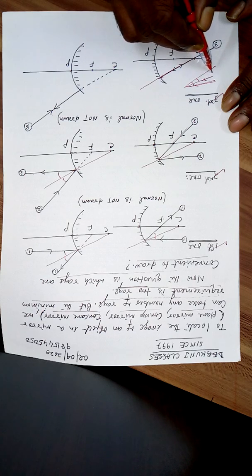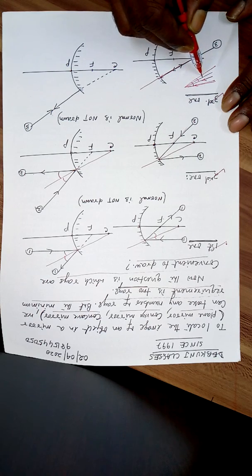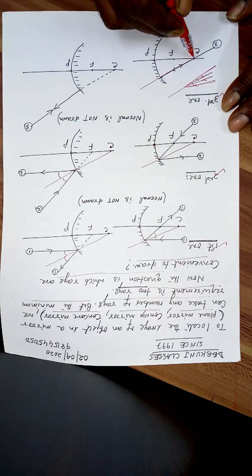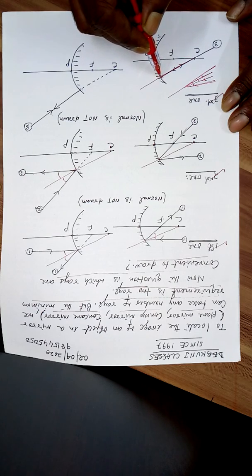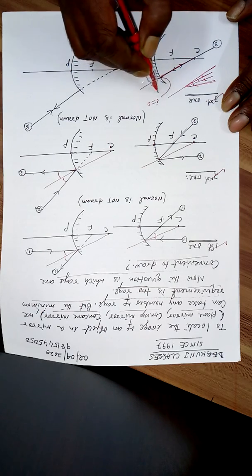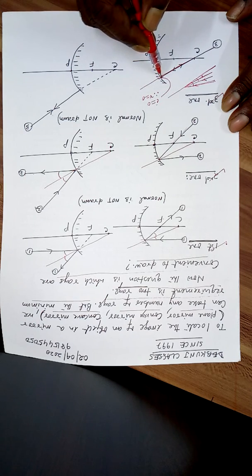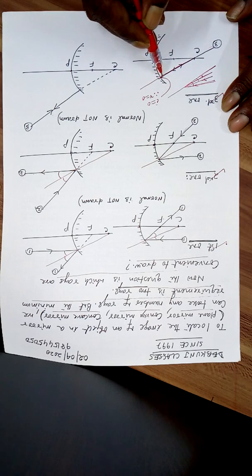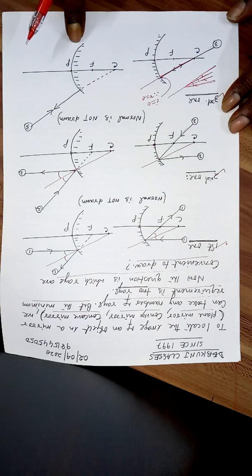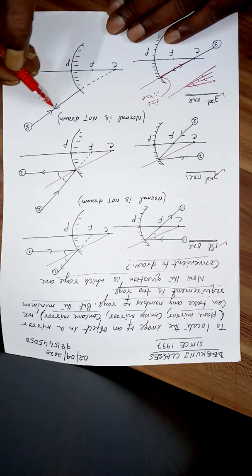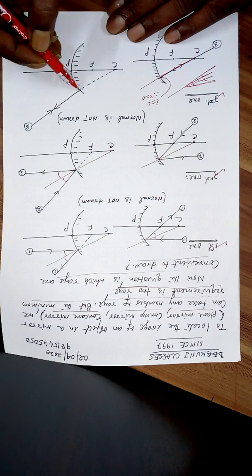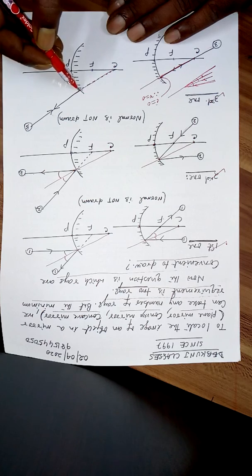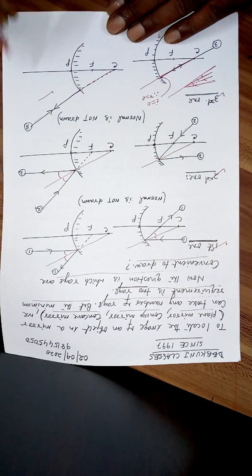As the incident ray coincides with the normal, as in this case, the angle of incidence is 0, therefore r is equal to 0. So it is reflected along the same path, meaning a ray passing through the center of curvature retraces its path. Similarly here, a ray coming in the direction of C is the incident ray, and this is the normal, so the angle between them is 0, and it is reflected along the same path, right?